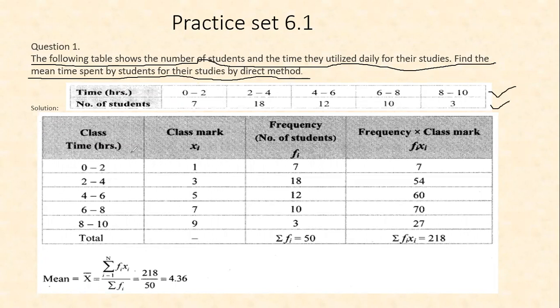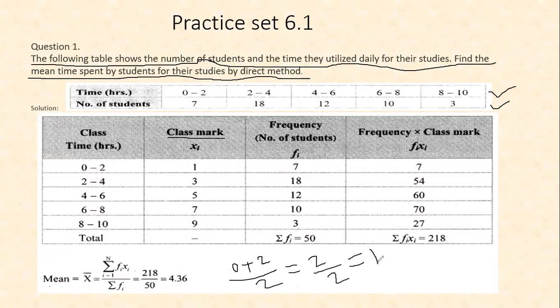So first we draw the table. Write down the time, that is the class. Then find out the class mark. How to find the class mark? There is a formula to find the class mark: add the lower class plus upper class divided by 2. So 0 plus 2 divided by 2, you get 2 divided by 2, that is 1.